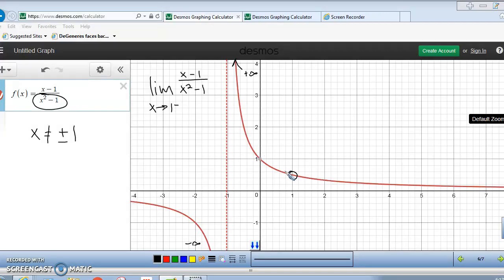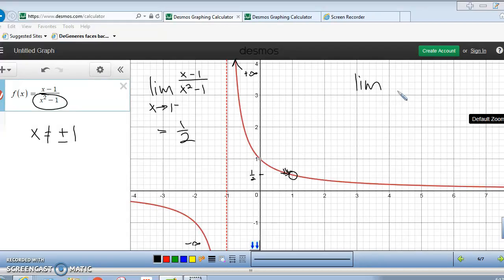We're getting very, very close to what appears to be the output value of 1/2.